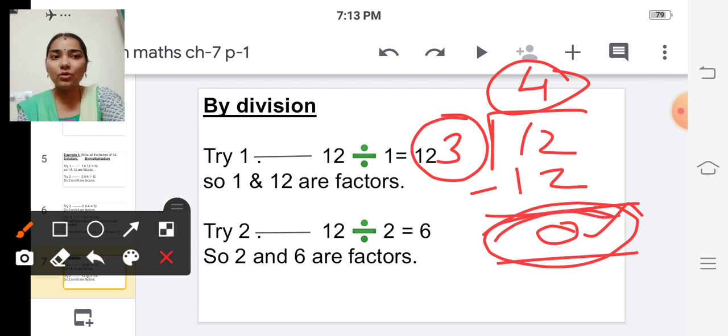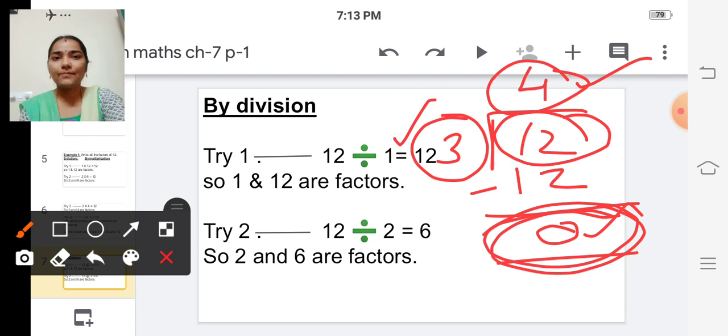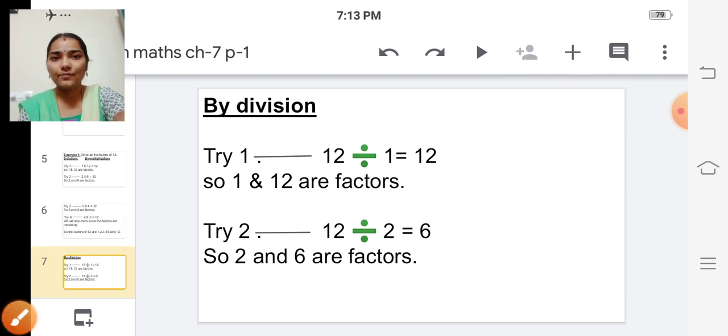If we get 0 as the remainder, then the quotient and the divisor are the factors of the dividend. So here we get 1, 12, 2, 6 and 3 and 4 as factors of 12.